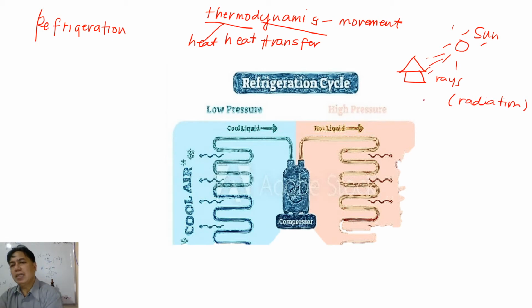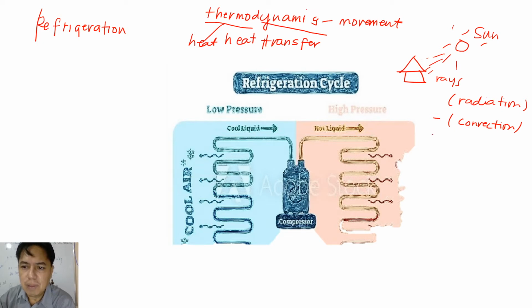The heat of the sun is also transferred through air, through fluid. We call that heat transfer mode convection. And then when it goes to the solid, like the roof, there are materials there like wood and nails.